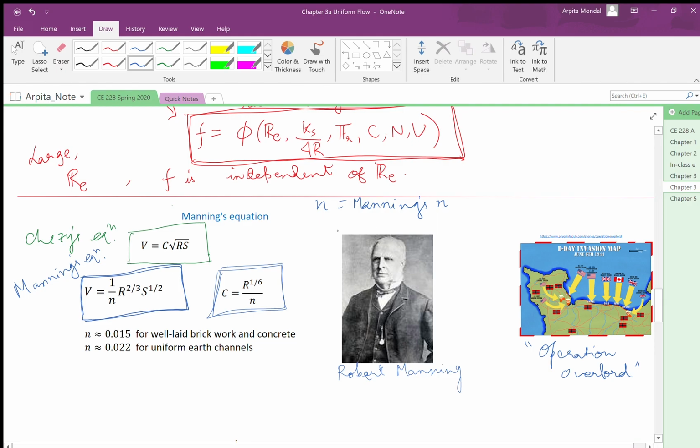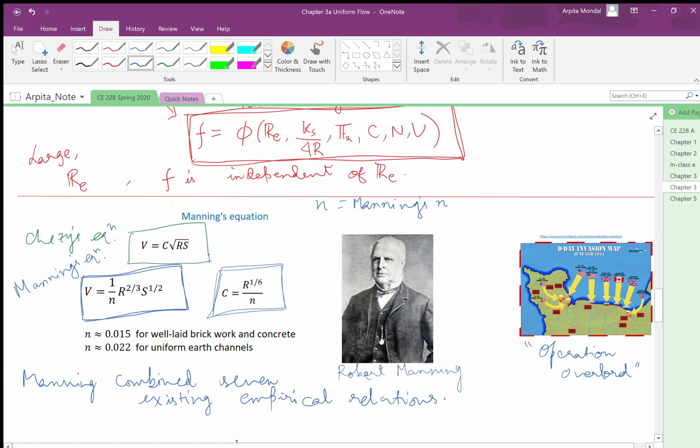Manning never really had a formal education in engineering, and he therefore had a tendency to derive equations which would be simple and effective. What he did was combine 7 then existing empirical equations relating the velocity to the hydraulic radius.